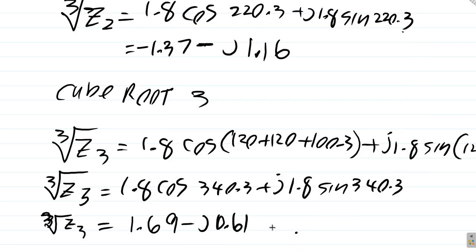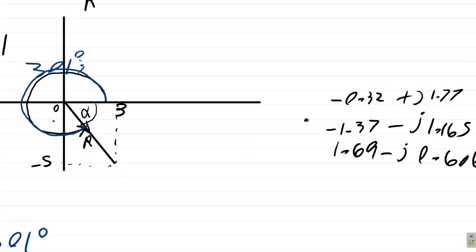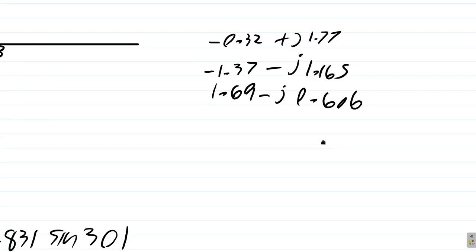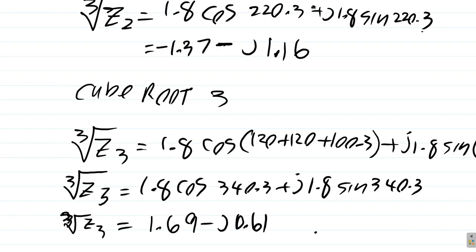So 1.69 minus j 0.61, I mean 0.606. All right, so yeah, those are the 3 cube roots of that complex number.